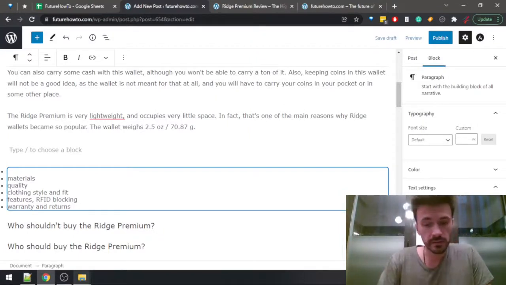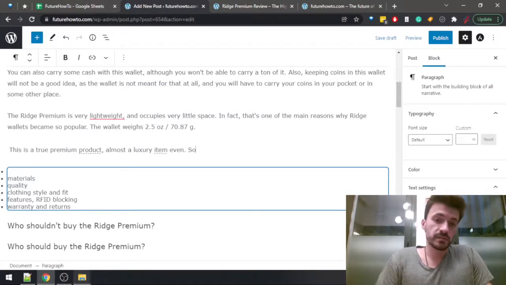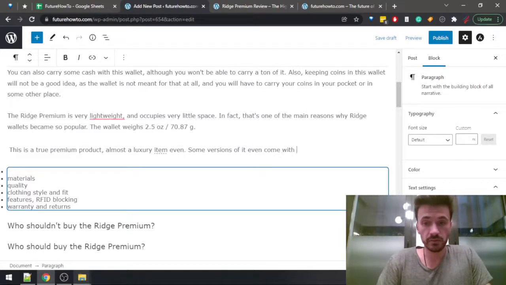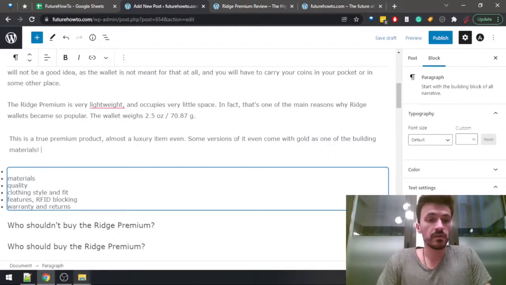For example, this is a true premium product, almost a luxury item even. Some versions of it even come with gold as one of the building materials.